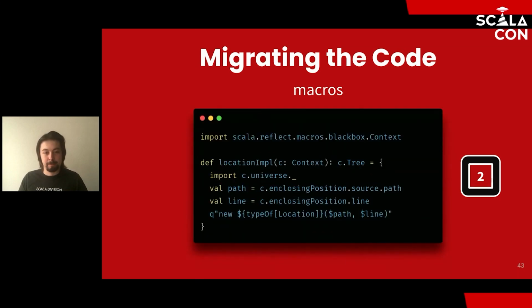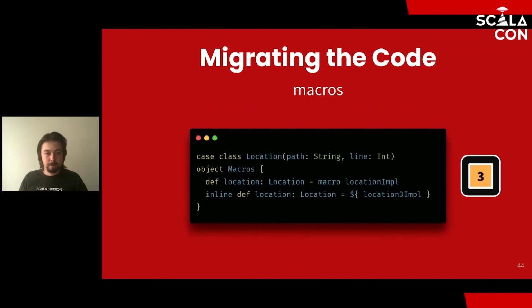So basically, it's a typical Scala 2 macro where we use some magic quasi-quotes to generate code. This will not compile in Scala 3. So in Scala 3, we add an additional method with the same API, but instead it's an inline method.